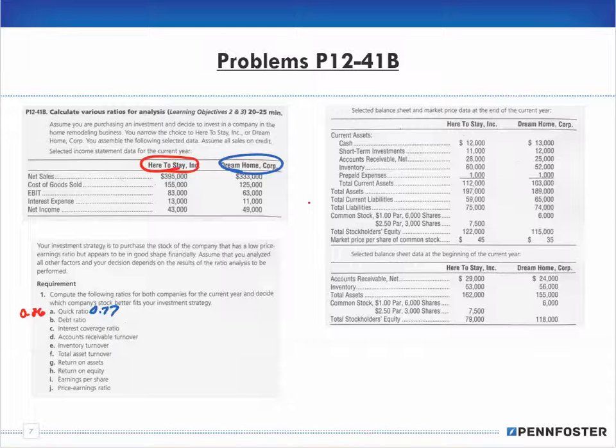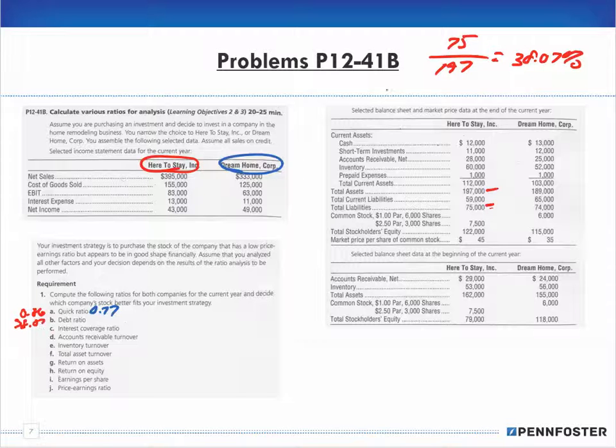Right. So for the debt ratio, we're taking the 75, and that's going to be over the 197 for the assets, and that gives me 38.07%.